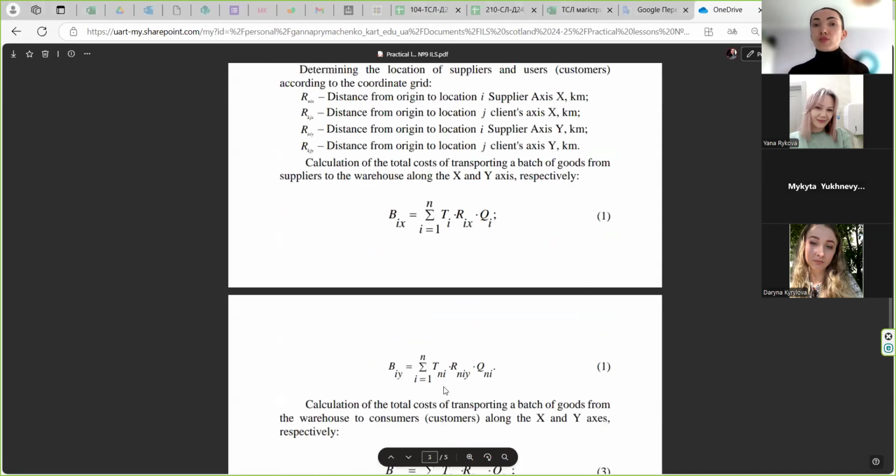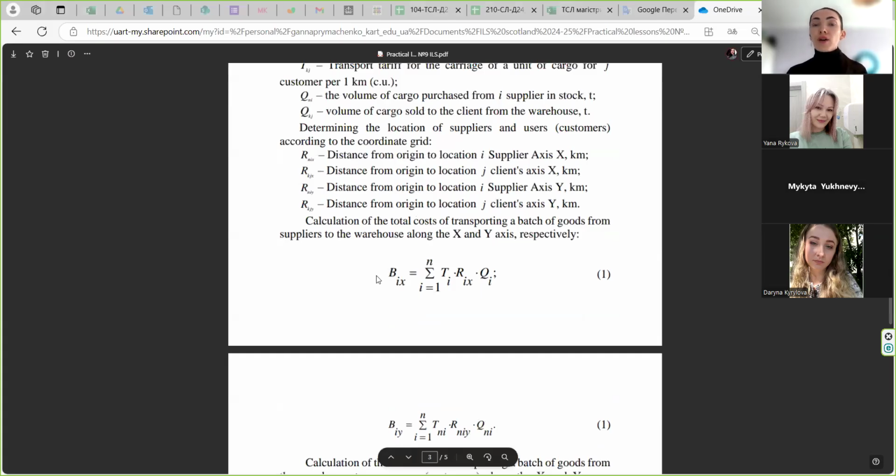We calculated first formulas. We need to find how many costs we need to pay for delivery of our cargo from manufacturer to our warehouse. We used three parameters. It is parameter T, it is our tariff from table 1, R, it is our distance from table 2, and the third parameter, it is Q, it is our volume of cargo from table 1.